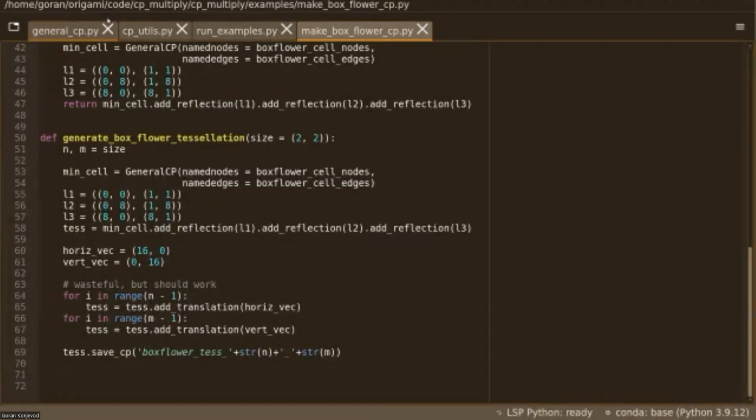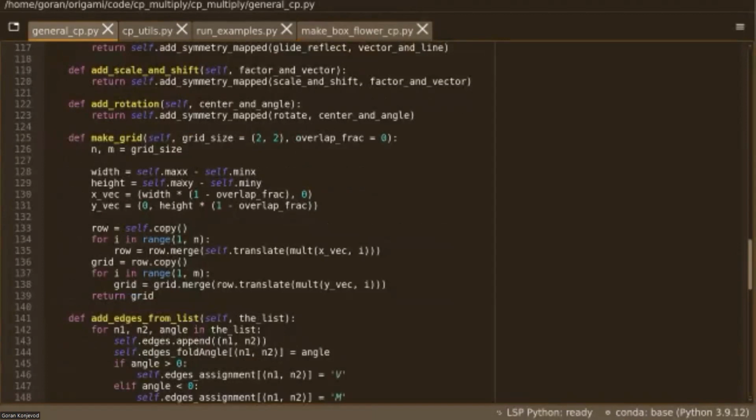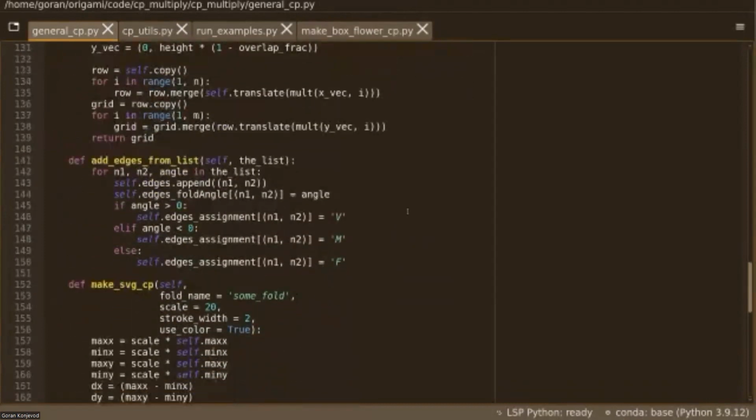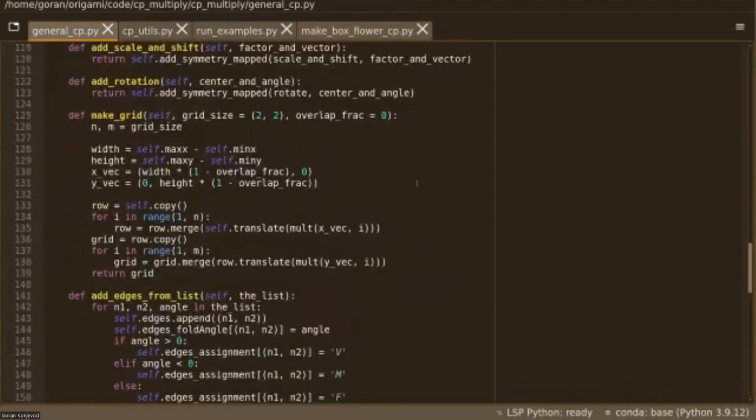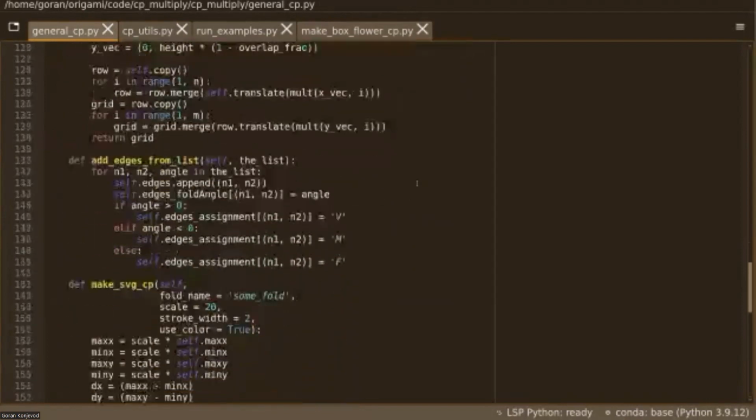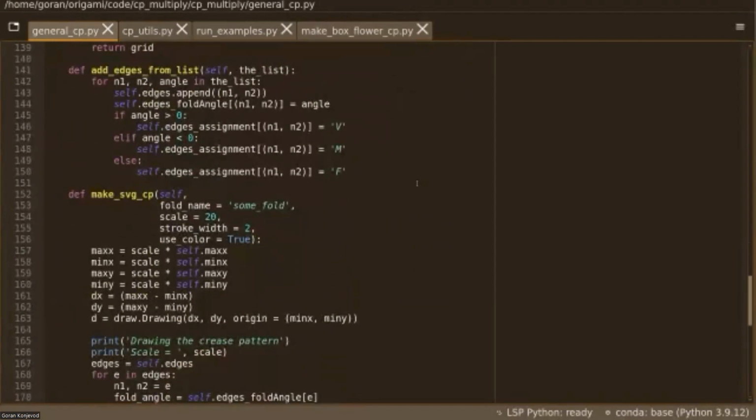I just wrote it out by hand, but later on I coded it up slightly more generically so that you can just call a make a grid function when you have a pattern, and so you don't have to figure out how far in X and Y a pattern extends. I was right about that. I'd forgotten that I wrote this.